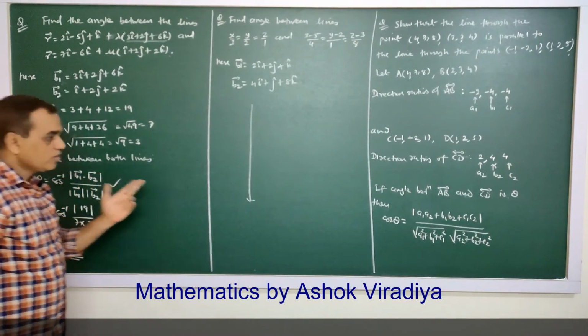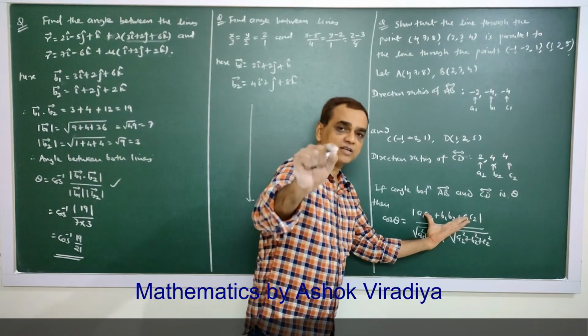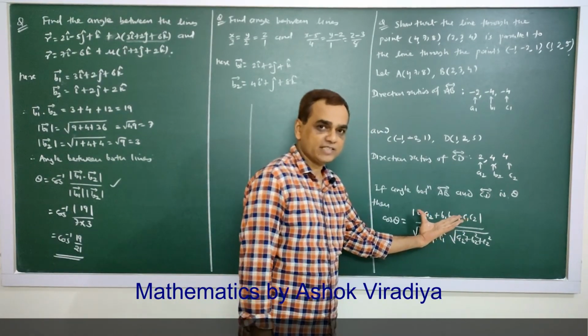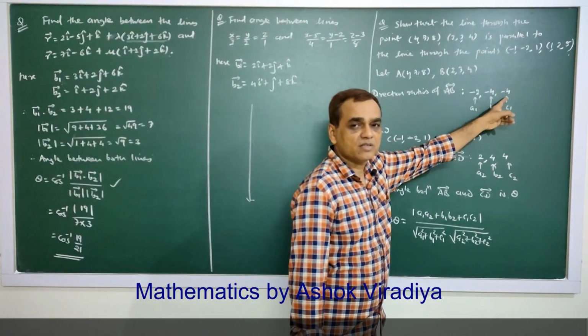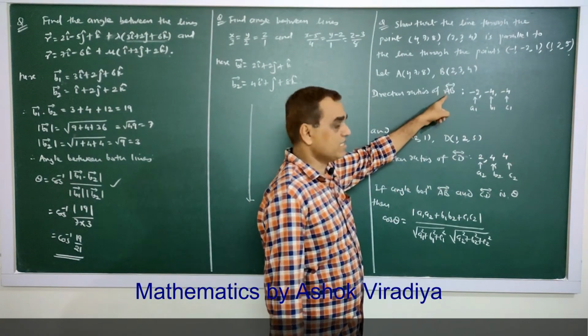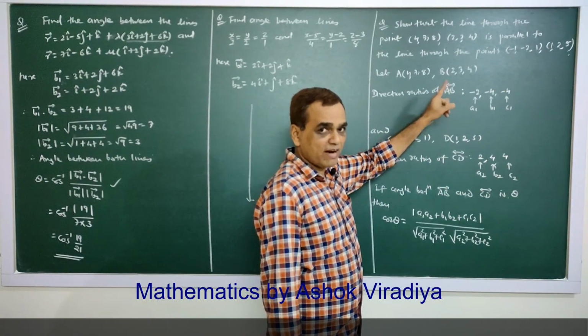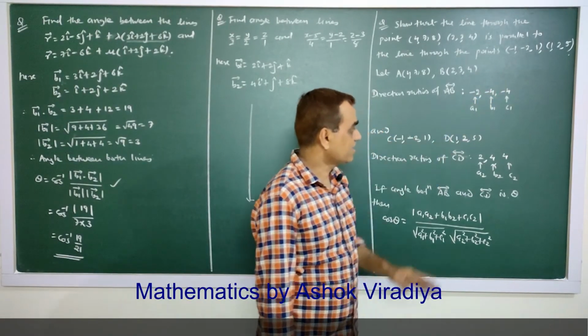B1 dot B2. This is nothing but a dot product of vectors showing direction of this line. See, these are direction ratios, meaning these are scalar components of a vector which is parallel to this line AB. So vector B1 is minus 2i minus 4j minus 4k.